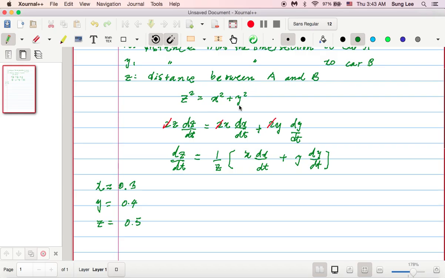Otherwise, you can use the Pythagorean identity: plug in x equals 0.3, y equals 0.4, and you will find z equals 0.5. And what else? dx/dt is negative 50 miles per hour.